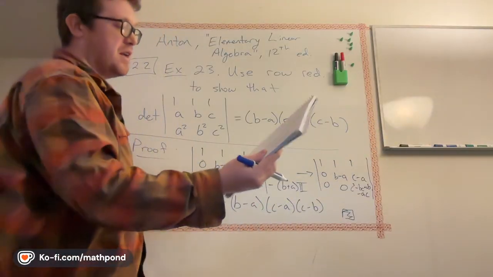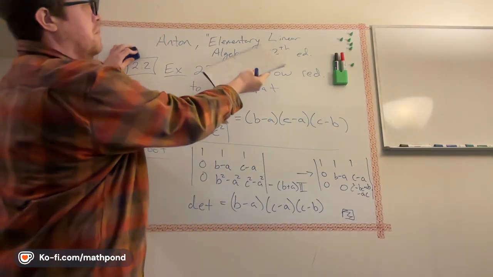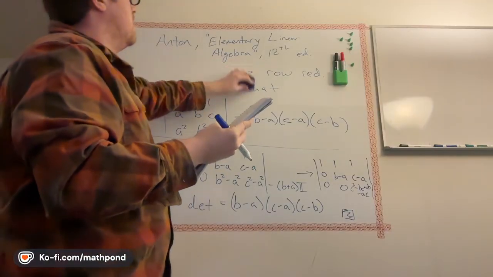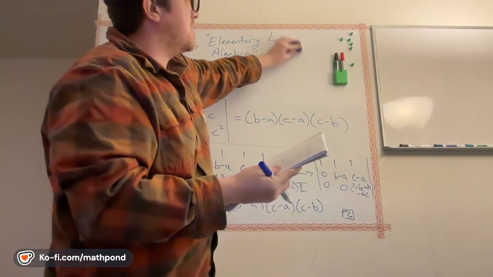Right, so let's find the inverse of this matrix. This is also an Anton, so same book, Elementary Linear Algebra, Anton. And this is page 58. This is one of the examples.